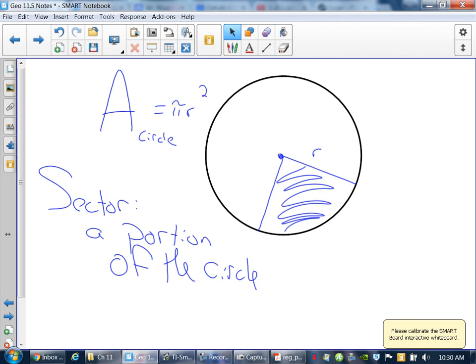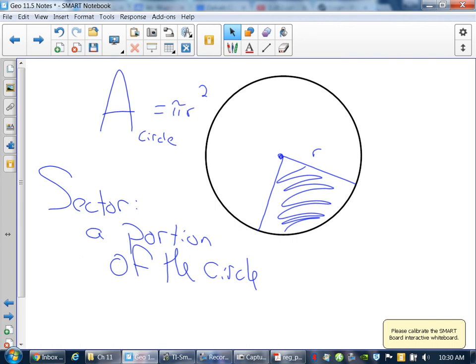So a sector is defined by some central angle and some radius, which means that the area of the sector is just going to be a portion of the area of the circle. That portion, again, is defined by the angle. So the area of a sector is going to be the central angle over 360 times pi r squared.